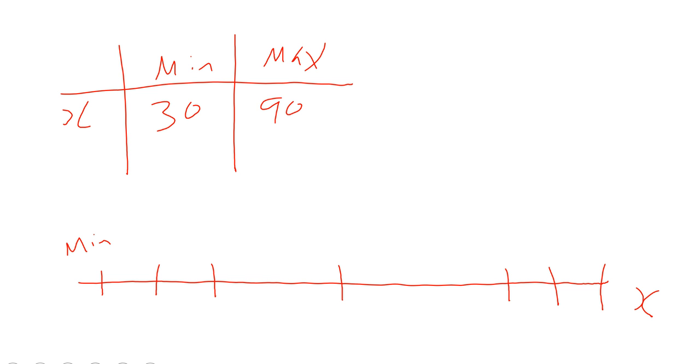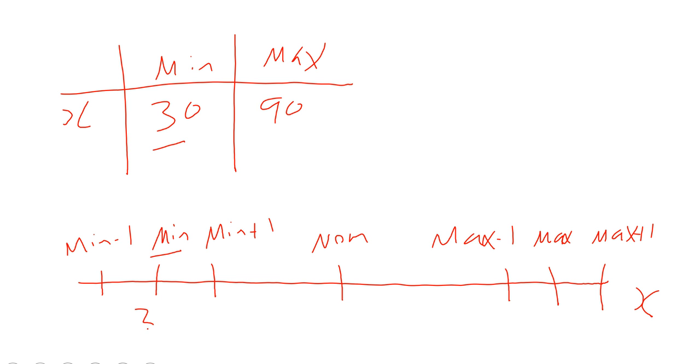As I said, minimum, minimum -1, minimum +1, nominal, maximum, maximum +1, maximum -1. So the minimum is 30, minimum -1 is 29, minimum +1 is 31, maximum is 90, maximum +1 is 91, maximum -1 is 89.